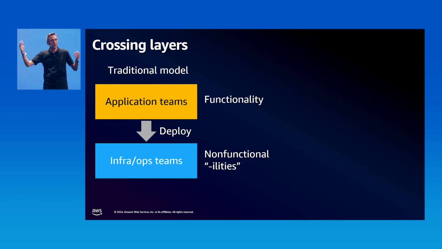It's taken care by an operation team, an infrastructure team, and well, it kind of works. The technical term for the deployment arrow is called throwing over the wall. And then we have the other arrow in the opposite direction, which is pass the blame if anything goes wrong. So we kind of know that this model doesn't work very well.